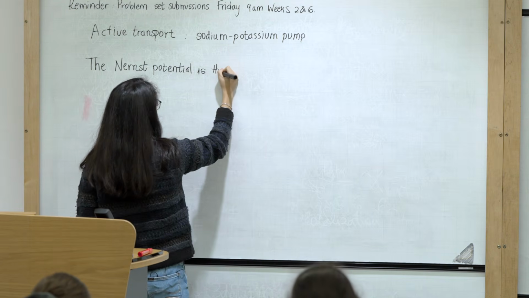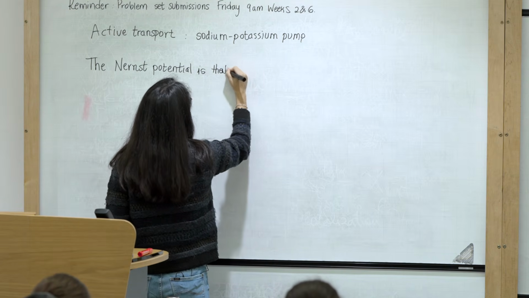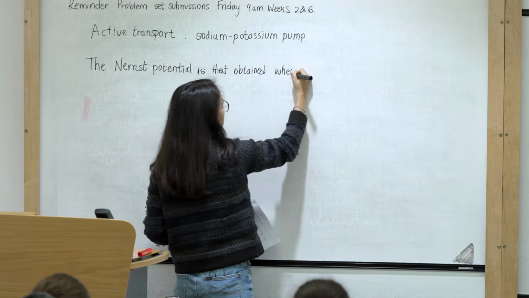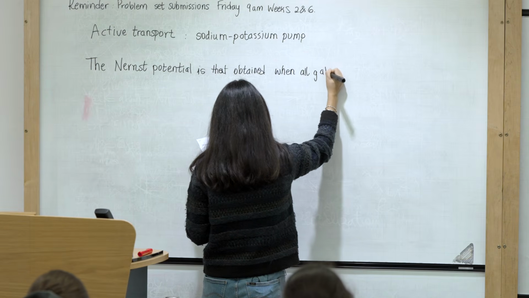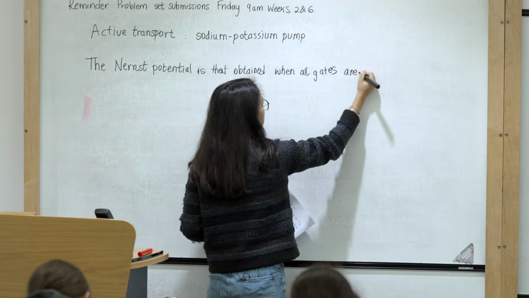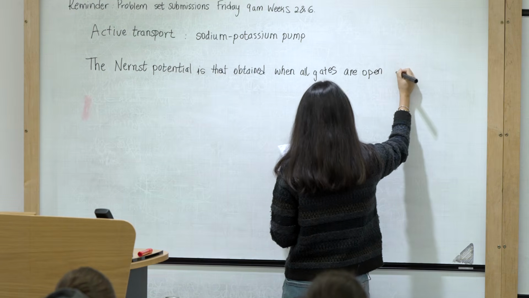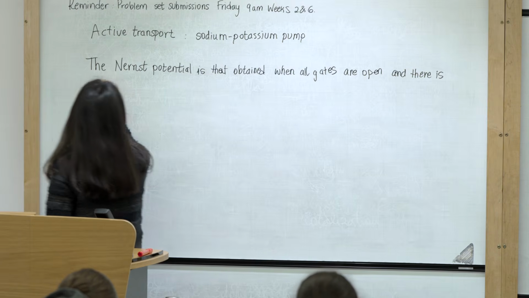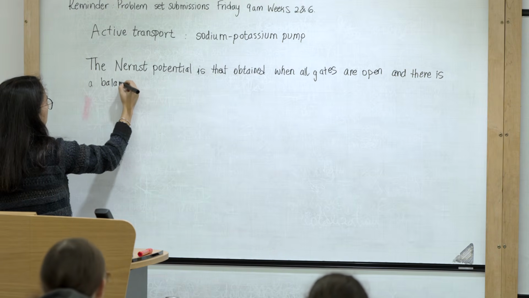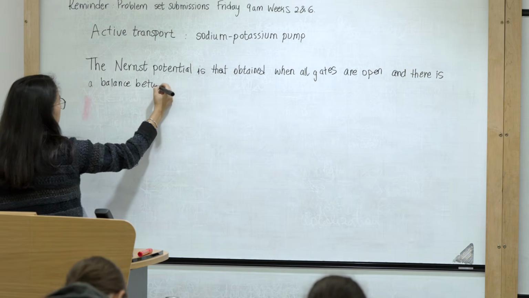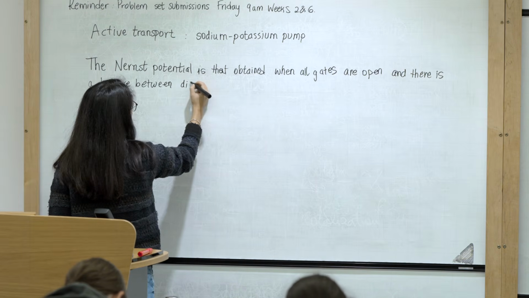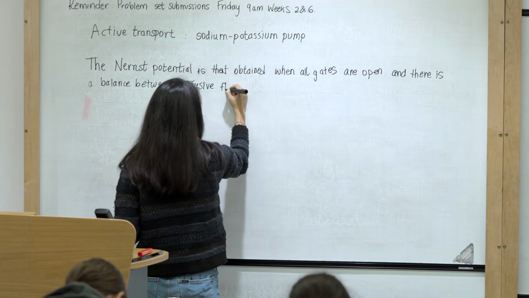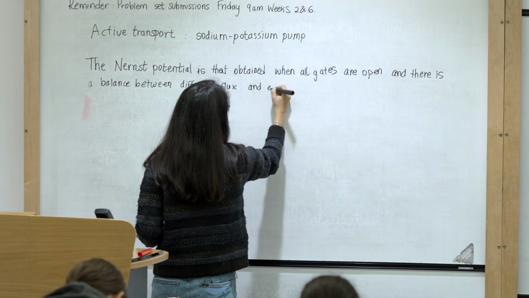So this is the potential that is obtained when all gates are open and there is a balance between diffusive flux and electric flux.